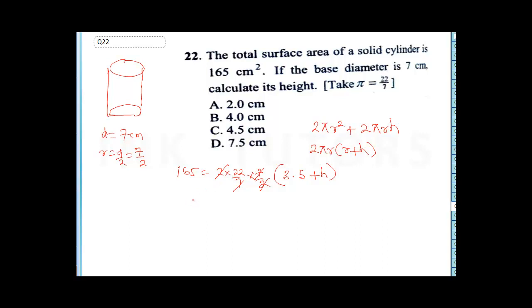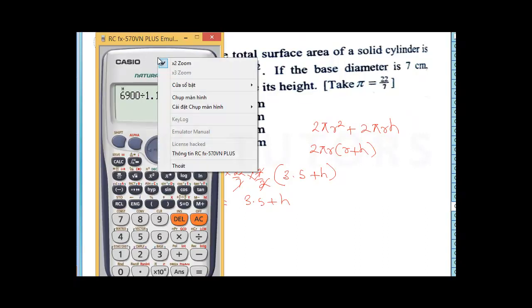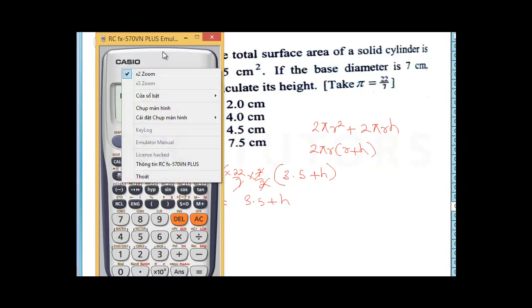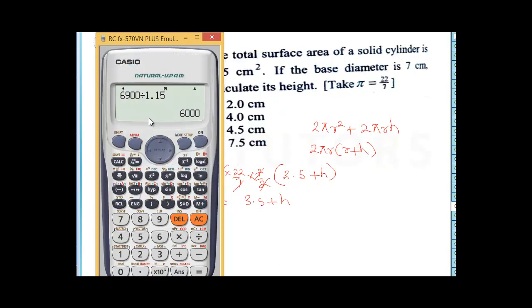So 165 divided by 22 is equal to 3.5 plus h. So we will employ our calculator. We do 165 divided by 22, and that gives us 7.5.